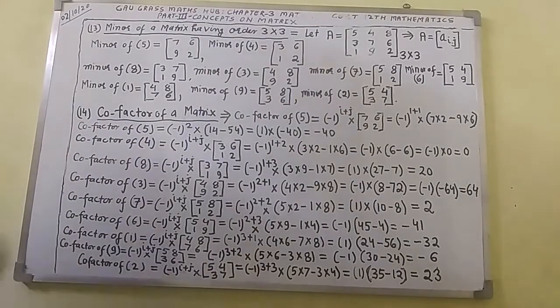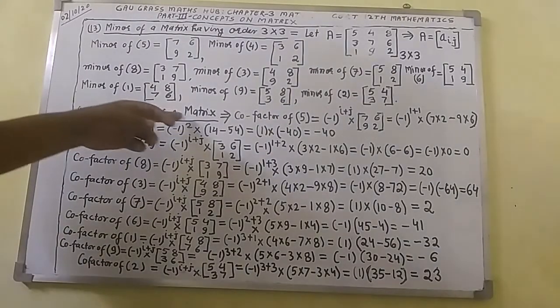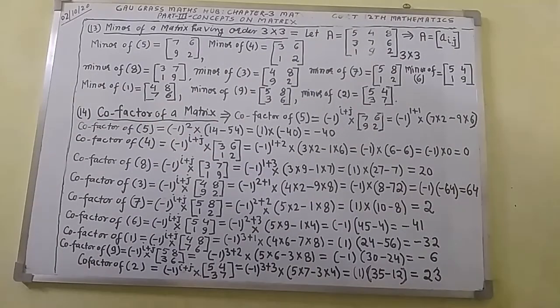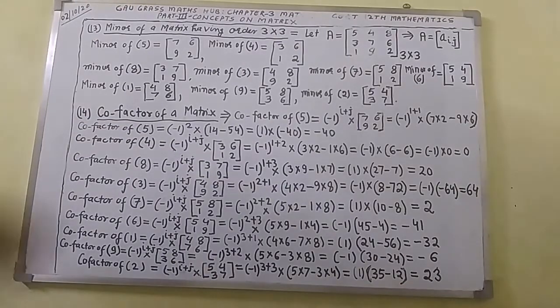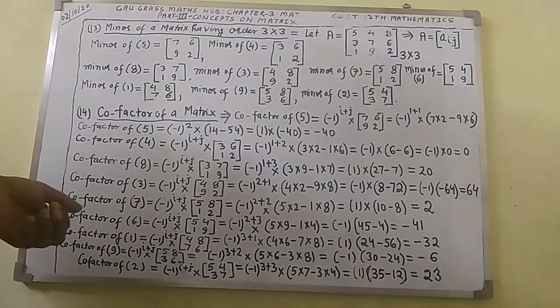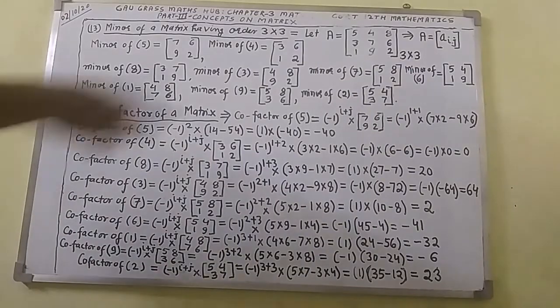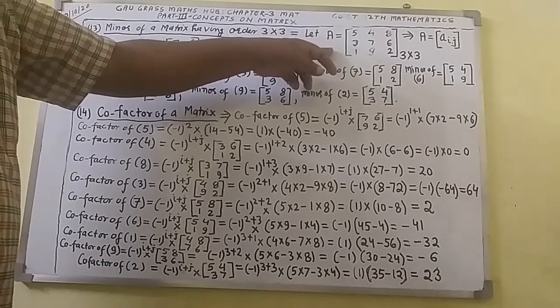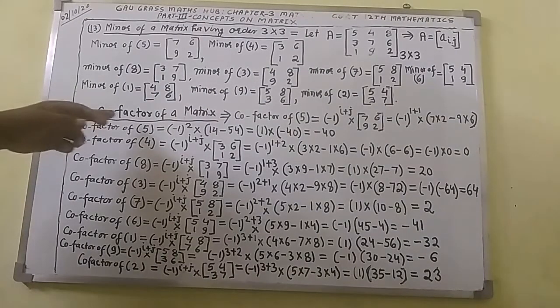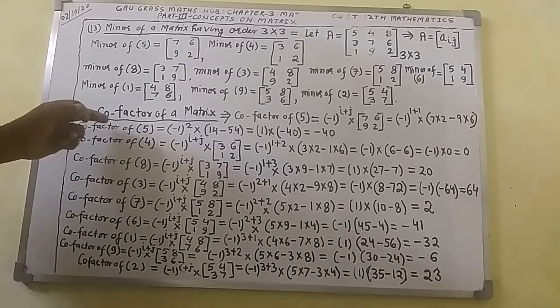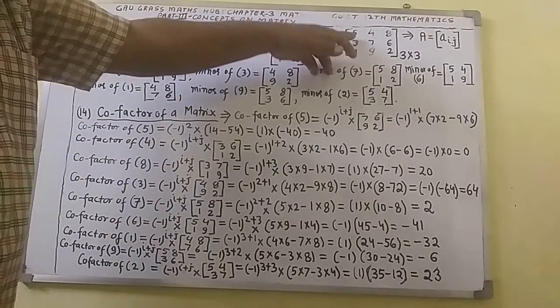Now come to the next point, 14: cofactor of a matrix. How we will find the cofactor of an element in the given matrix. This is the given matrix, capital A, in which you have to find the cofactor of any element.